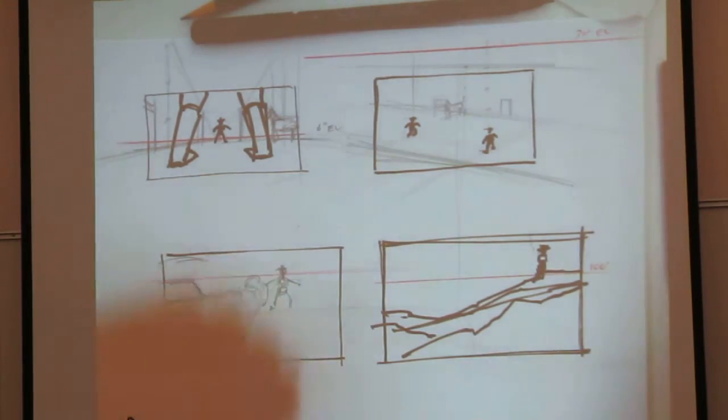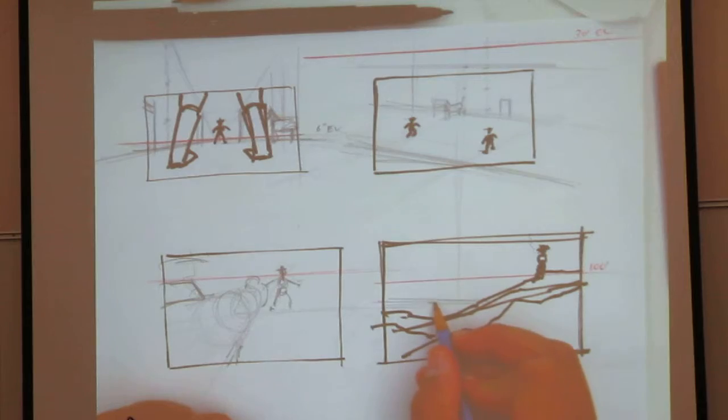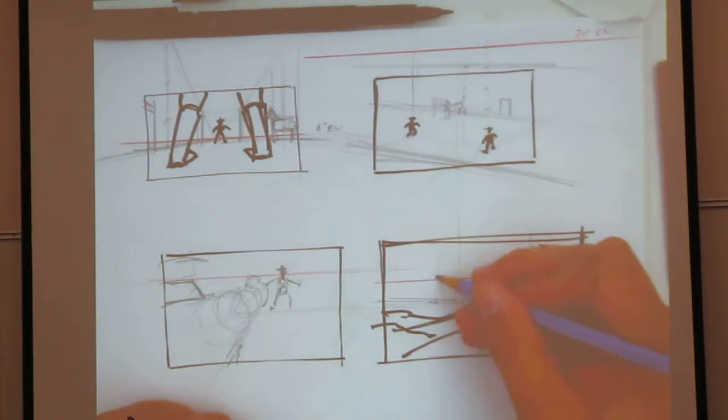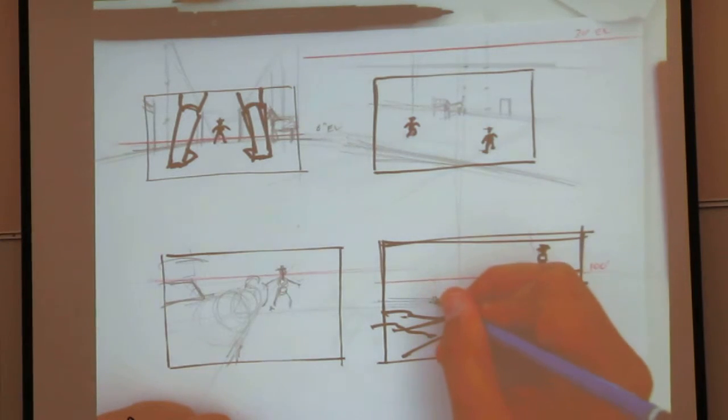Now, what's that going to mean about the town? So if I decide, well, I'm going to put the town down here, and he's looking down on the town, well, how tall are the buildings? If this is 100 feet, well, then they're this big.